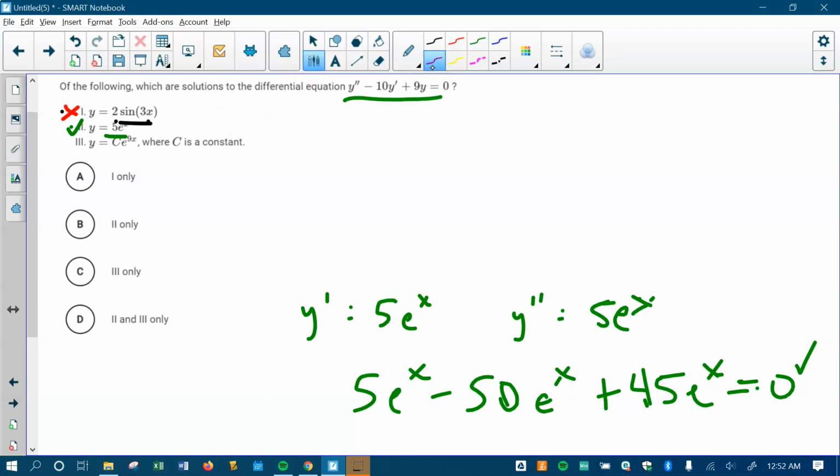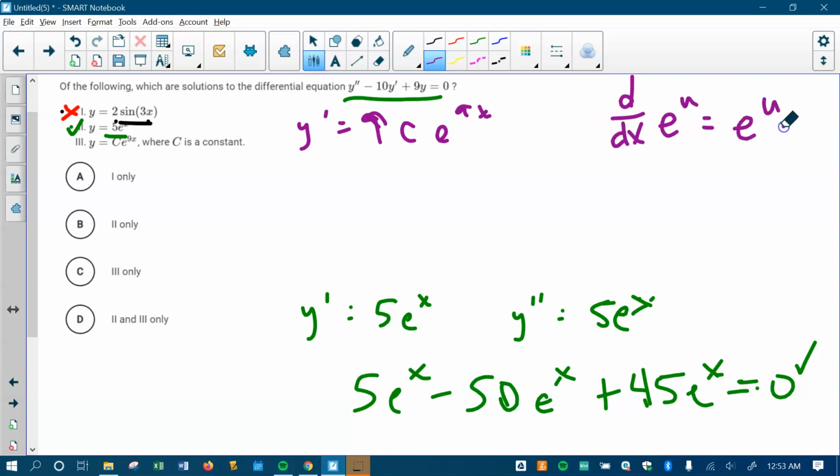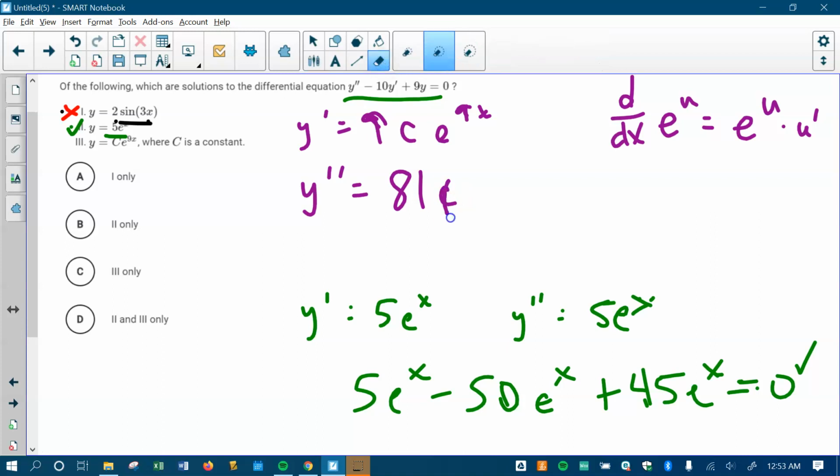All right, y prime is equal to 9c e to the 9x. The reason it's 9c e to the 9x is because the derivative of e to anything is e to anything times the derivative of the exponent. And that's why there's a 9 down at the front. Y double prime is equal to 81c e to the 9x, and it should be a capital C in both of these.